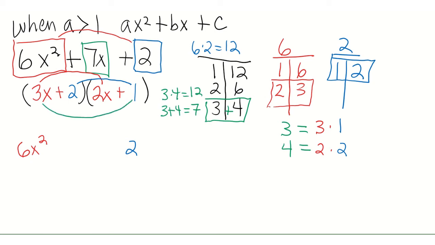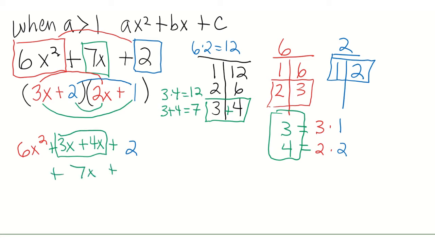When I do the outer numbers, that's going to give me a 3x. When I do the inner numbers, that's going to give me my 4x. What we were looking for was that add these together, that's going to give me my 7x.